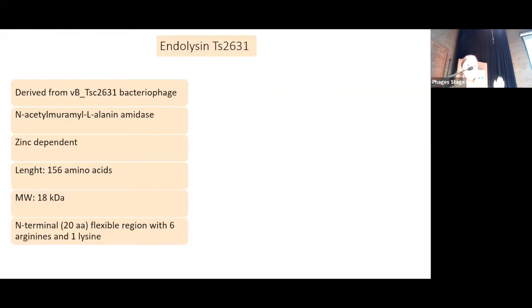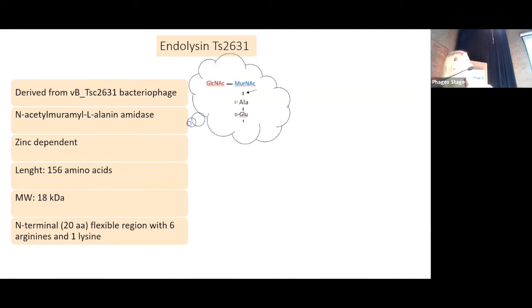And the object of our studies is endolysin TS2631 that derives from the thermophilic bacteriophage TS2631, that was isolated in Iceland from hot springs and can infect Thermus scotoductus and Thermus thermophilus. It's an amidase. That means that it cleaves the bond between the sugar moiety and the stem peptide.